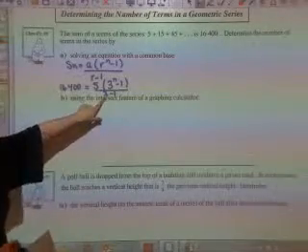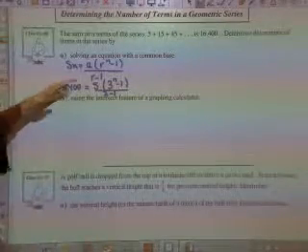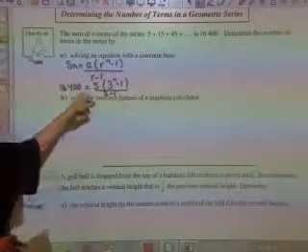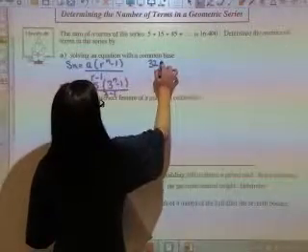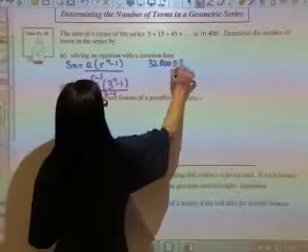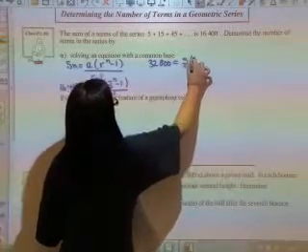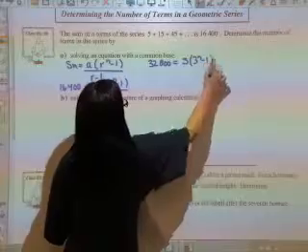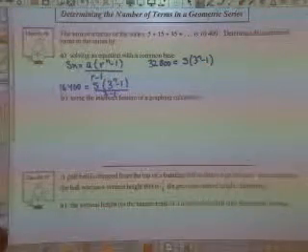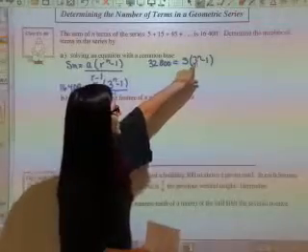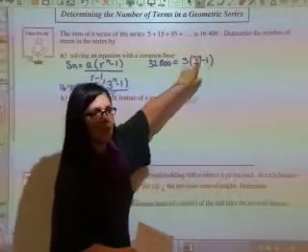And then I'm going to take that 2 and multiply each side by 2, because this is dividing by 2. So if I multiply my 16,400, I will get 32,800 equals 5 times 3 to the power of n minus 1. What I'm trying to do is eventually get this 3 to the power of n by itself.